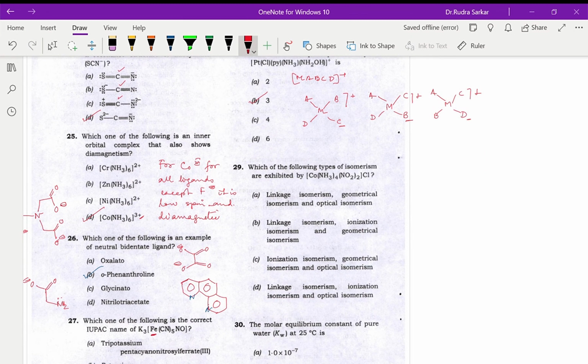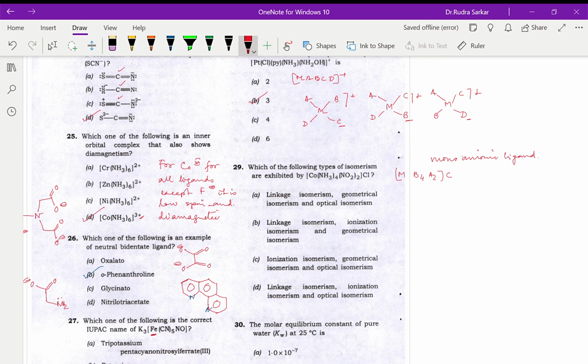Over here it is given: which of the following types of isomerism are exhibited by this complex? So this is basically again an MB4A2C type of complex, where A and C are both monoanionic ligands.